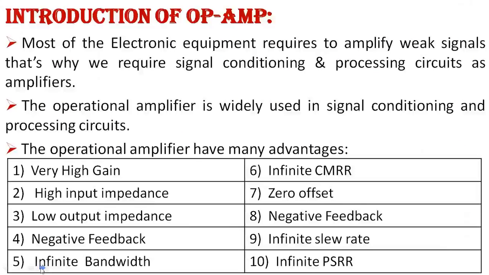So starting with the introduction of op-amp, most of the electronic equipment requires to amplify weak signals. That's why we require signal conditioning and processing circuits. As the operational amplifier is widely used in signal conditioning and processing circuits, it has many advantages.